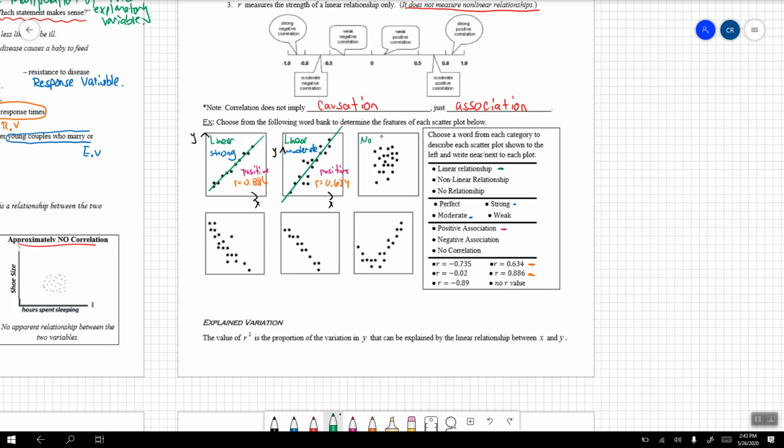So I'm going to say here no relationship. It means that this scatter plot is just scattered all over the place, not enough to make a relationship for any type of line. All right, so next, if we have to pick one here from this box, I'm going to say weak.